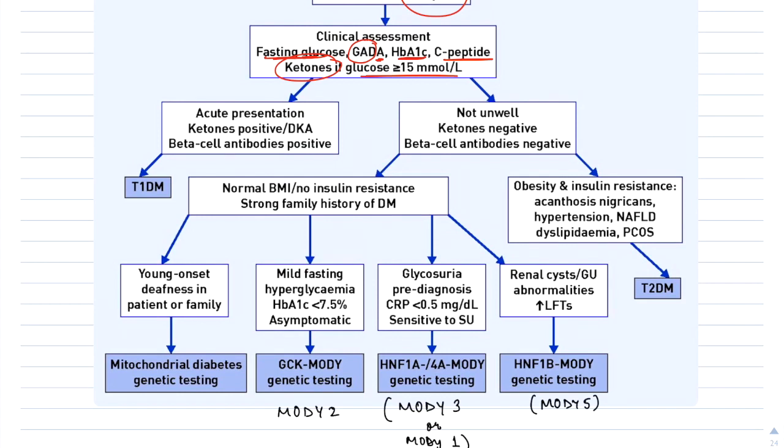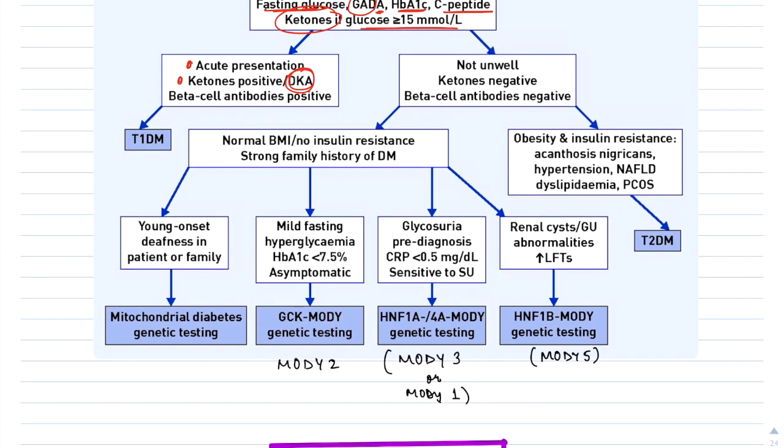So if the patient has presented acutely with severe symptoms, is ketones positive, or has diabetic ketoacidosis, and beta cell antibodies, that is glutamic acid decarboxylase antibodies or insulin autoantibodies, are positive, then the patient is more likely to be type 1 DM. It cannot be type 2 DM, or other type of DM.